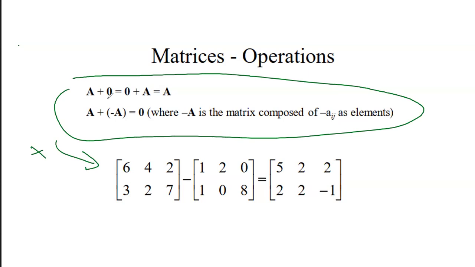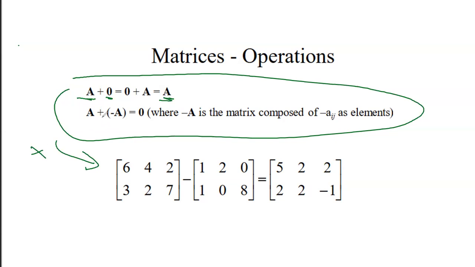So what this is telling you is that if you add a null matrix to another matrix, and the order doesn't matter, you will get back the original matrix, right? Just like in arithmetic, when you add 0 to a number, it remains unchanged. Same is true for matrices.